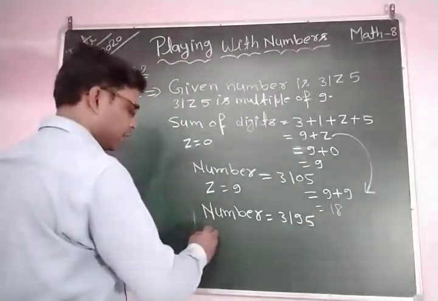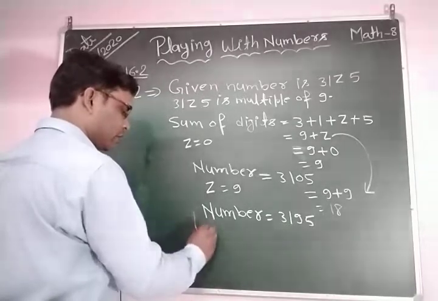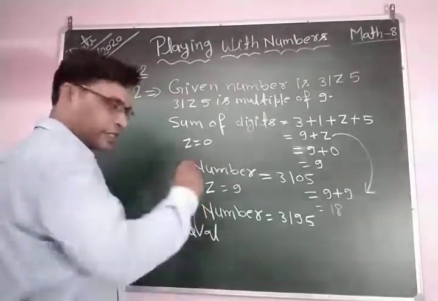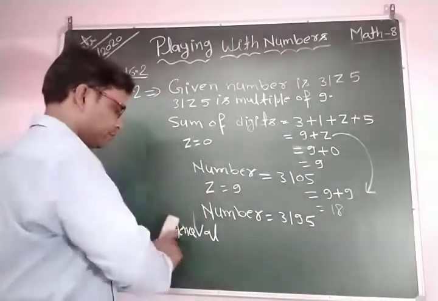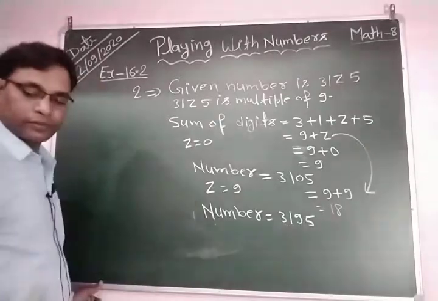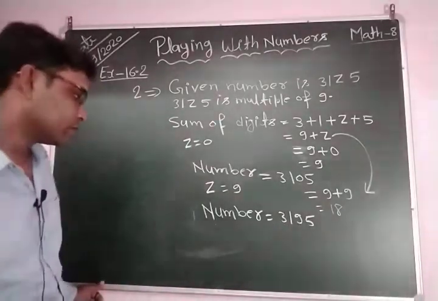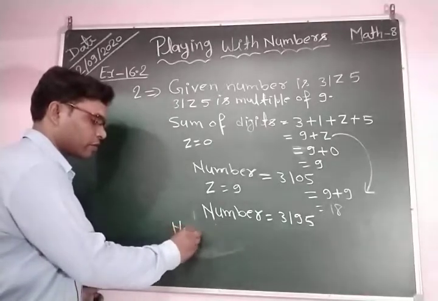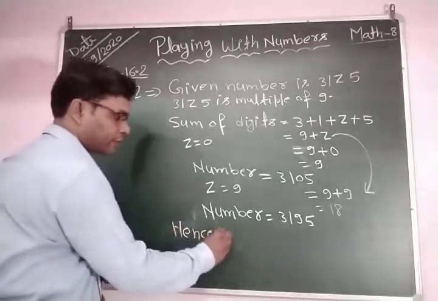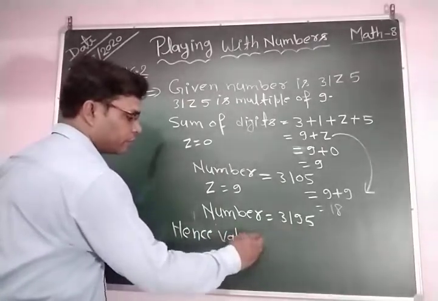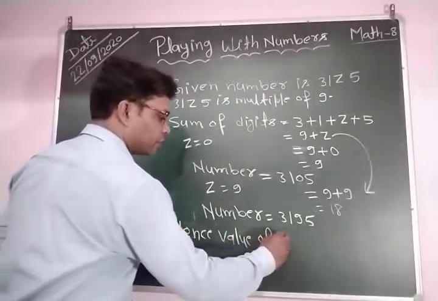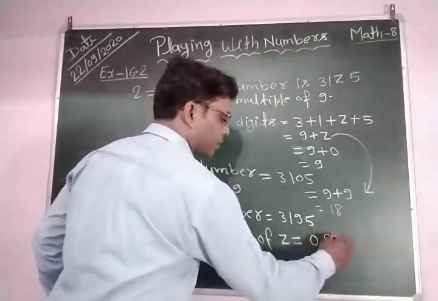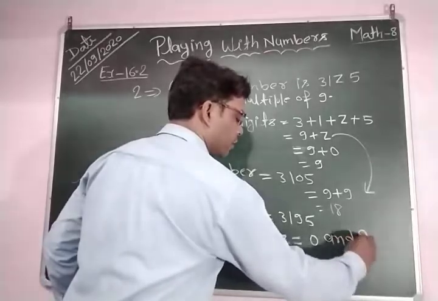So you can write here, hence, the value of Z is equal to 0 and 9.